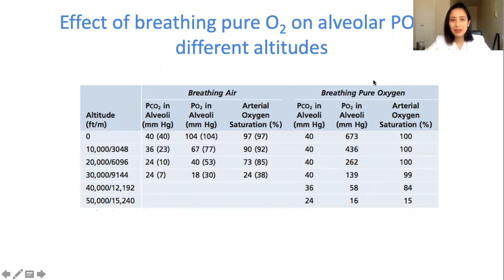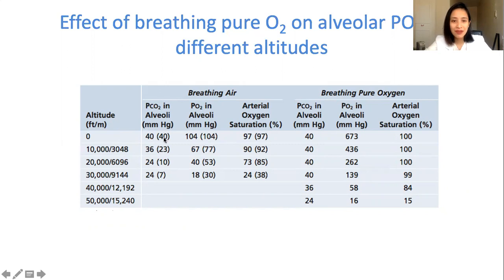So what happens if you breathe pure oxygen at high altitudes? How does it affect alveolar PO2? Some mountain climbers bring their own oxygen when they go to high altitude.